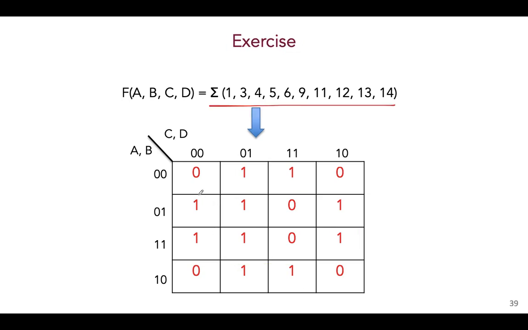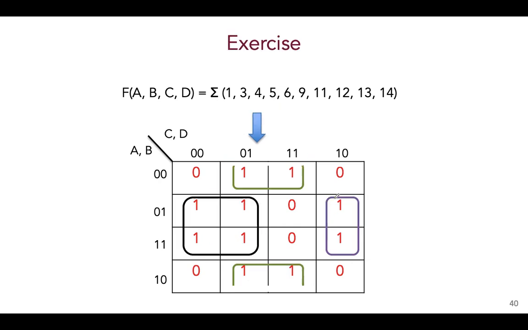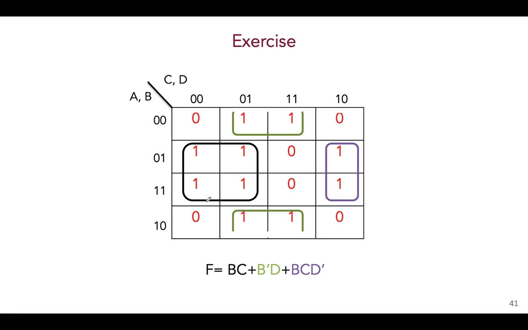So first we started with this bunch of ones, and then we saw that these 4 ones could have been grouped together, and then we're left with this one. So this is the grouping that we go with, and then we're simply left with the task of giving names to these groups. So this one becomes BC, the green one becomes B dash D, the purple one becomes BCD dash, and this is the simplified expression.